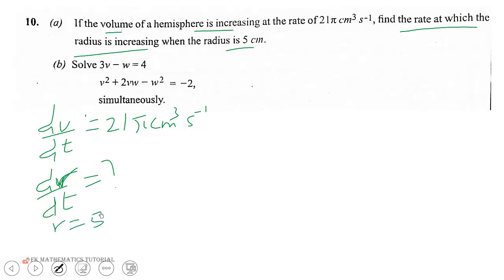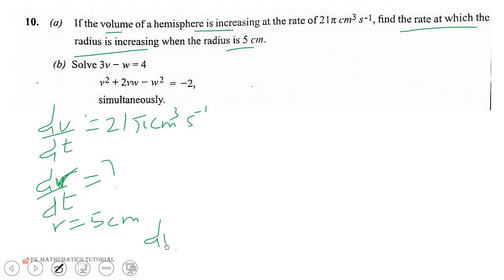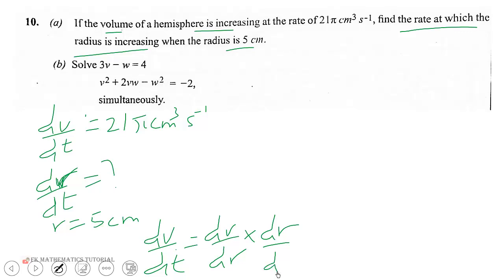So we are finding dr/dt when r equals 5 centimeters. So we can apply the chain rule. Recall the chain rule. The chain rule is given by dV/dt is equal to dV/dr times dr/dt. So this is V.